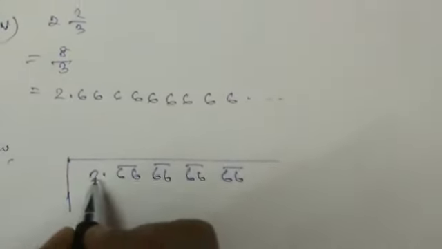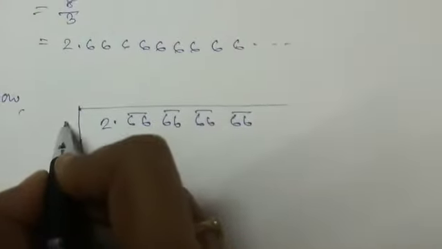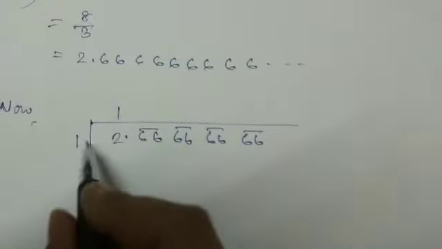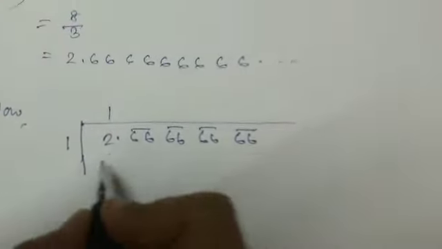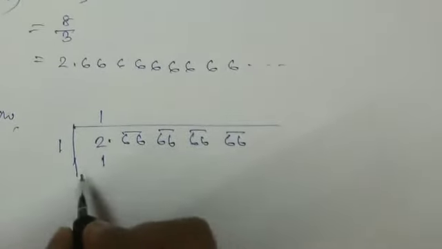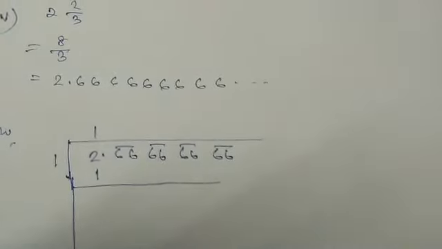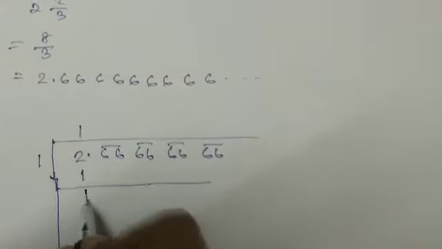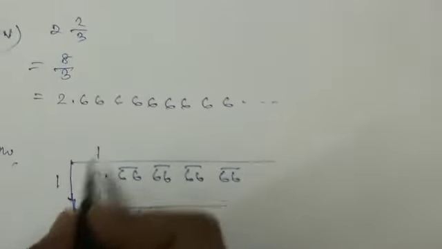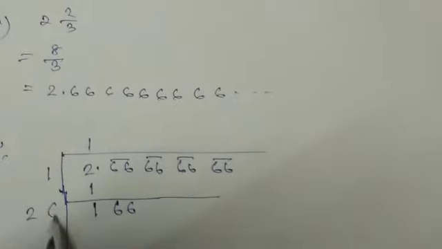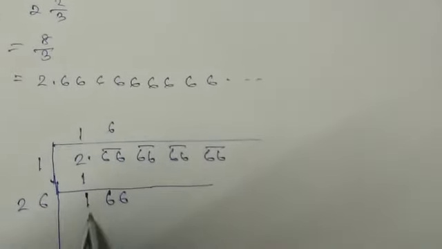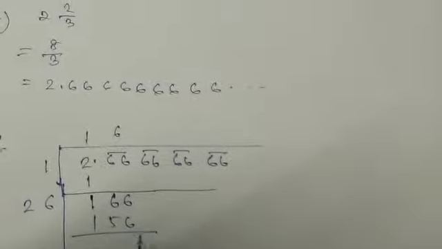So for 2 we will choose a number. We can choose 1, not 2. 2 2s are 4, it will be greater. So 1 1s are 1. Then 1 comes and then 66 comes down. 1 you make twice, 2, then 6 times 156.